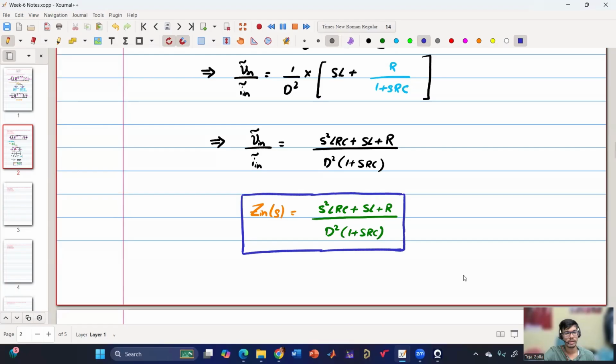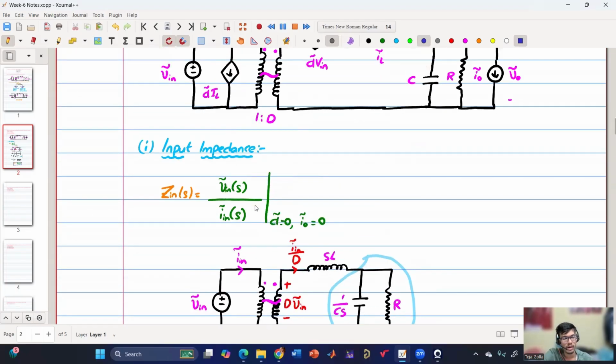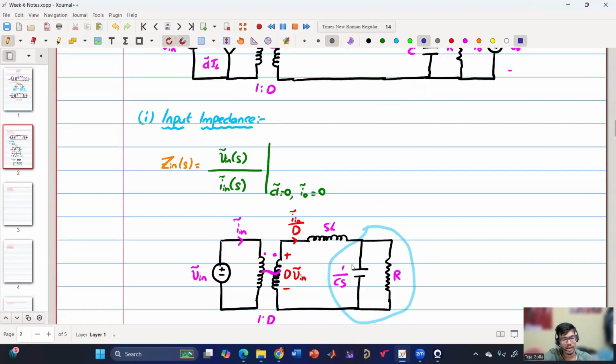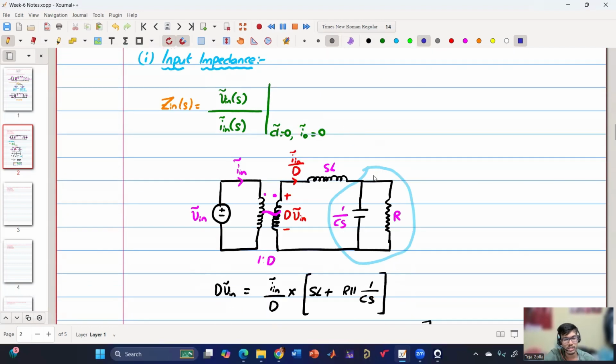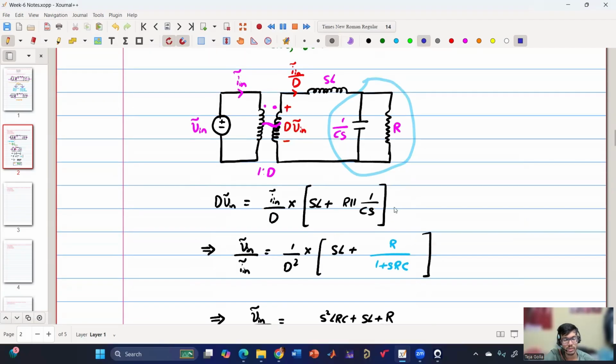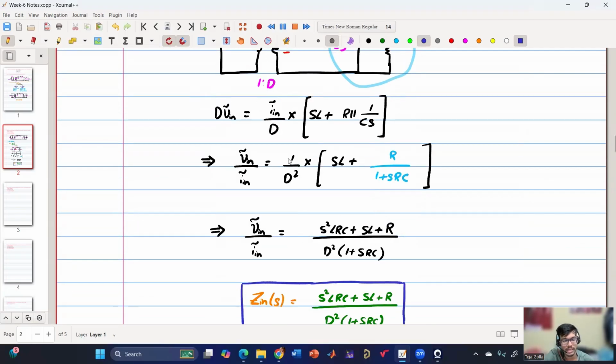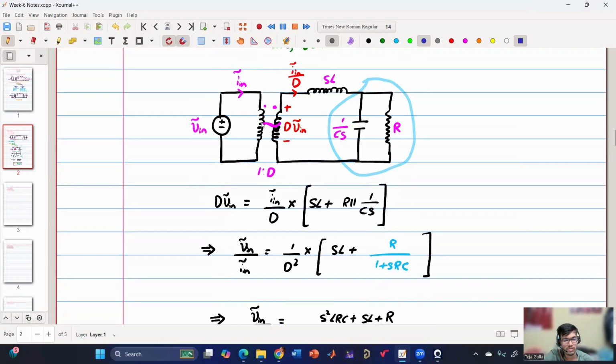So this is how we get the input impedance, where first we have written the expression and then we have simplified the diagram. This has many components, but if you see, it has only three, which again become a single impedance. So basically it is the impedance divided by D square because of the transformer turns ratio.